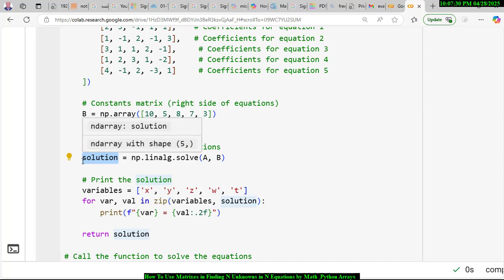Simple or not simple? Simple. Very simple, because it will print this. This will be printed.